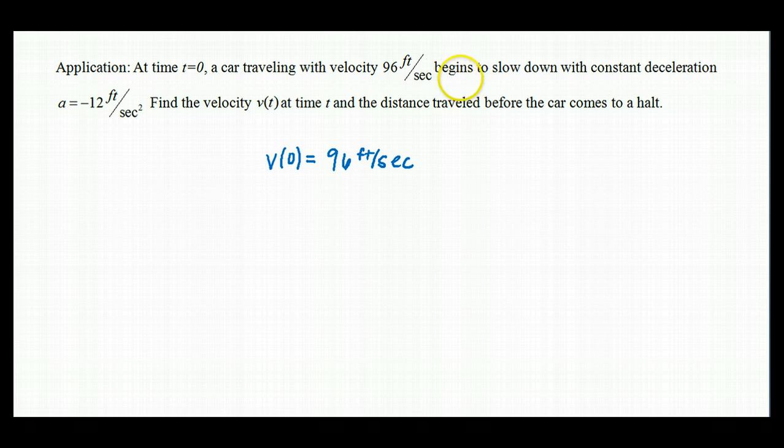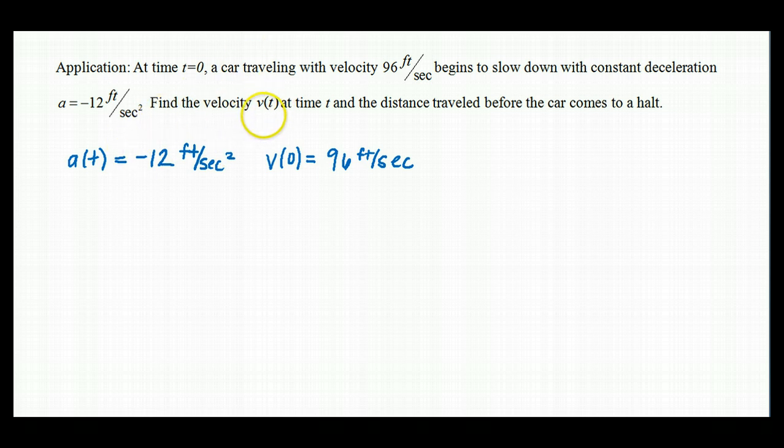Now, at that time, the car begins to slow down with constant deceleration, a equals negative 12 feet per second squared. This word here, constant deceleration, means that no matter what, the acceleration of the car is going to be negative 12 feet per second squared. So I've also been given that a of t is negative 12 feet per second squared.